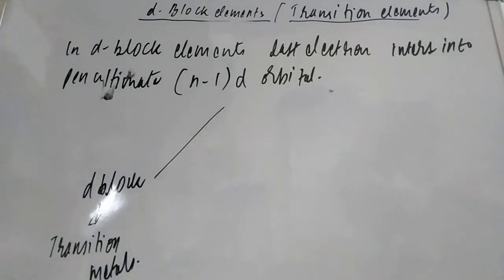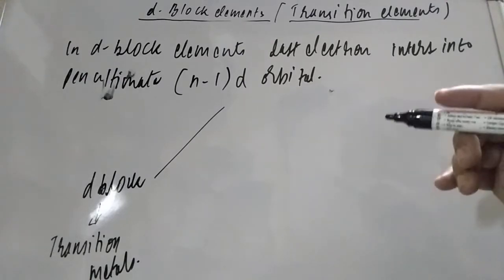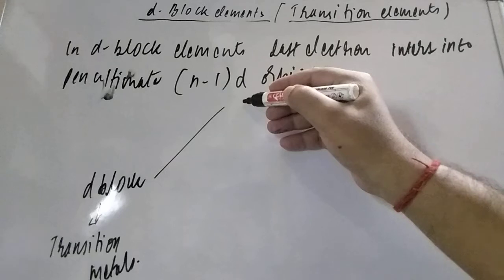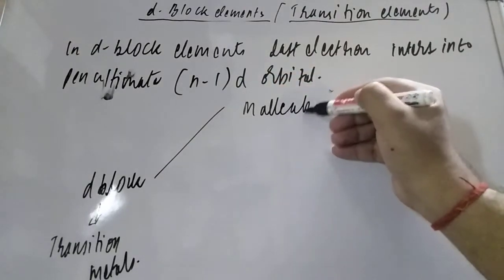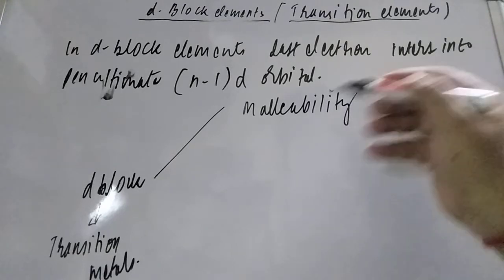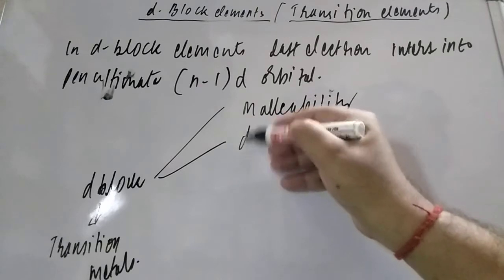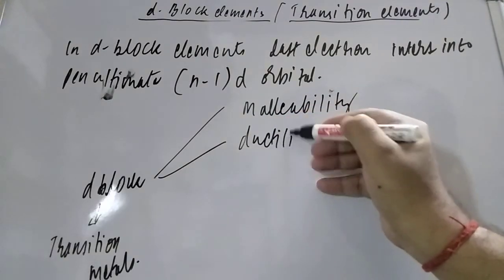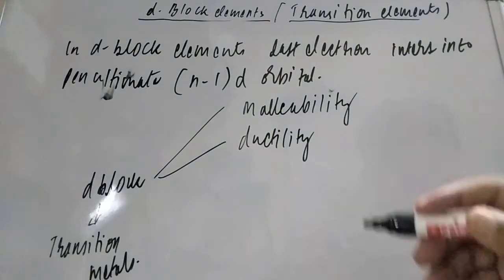Because they have some of the metallic properties. What are the metallic properties they have? One is malleability. This is the first property. Another property is ductility, which is also one of the properties of the D block elements.